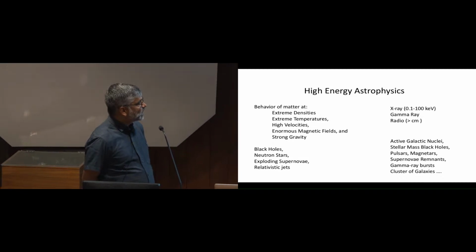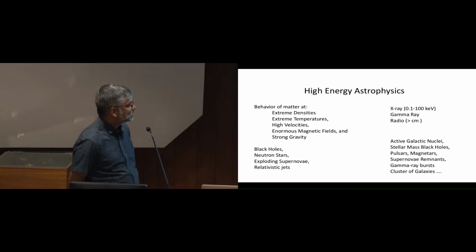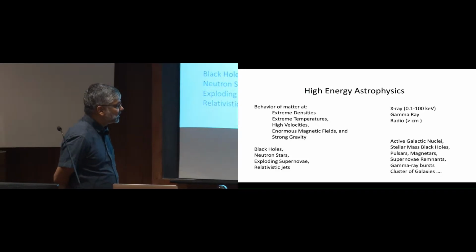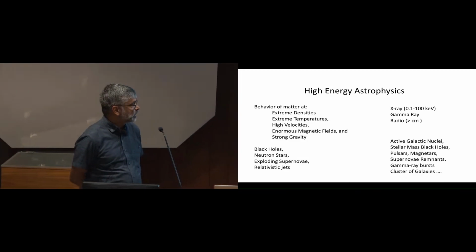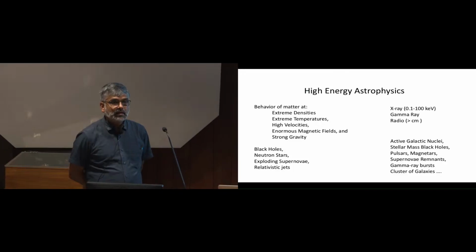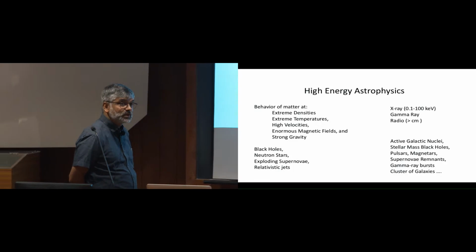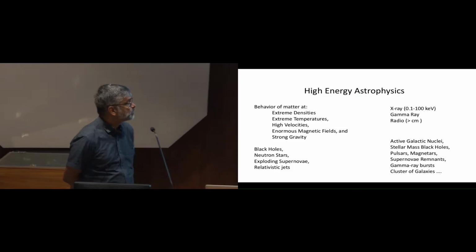Then a similar thing happens at a lower mass scale in stellar mass black holes. There are pulsars, magnetars, supernova remnants, and transient phenomena in the sky called gamma ray bursts. Then clusters of galaxies allow you to see baryonic matter in X-rays, which is not otherwise observable.